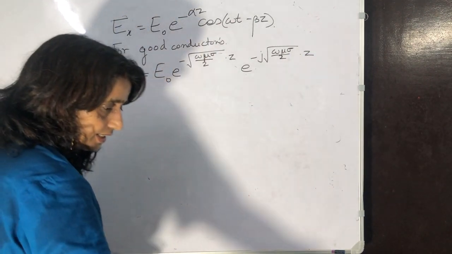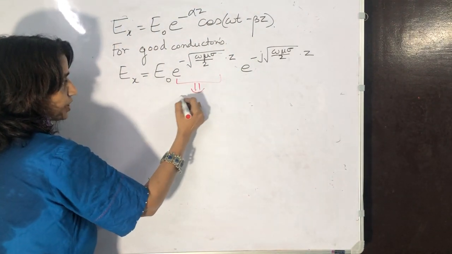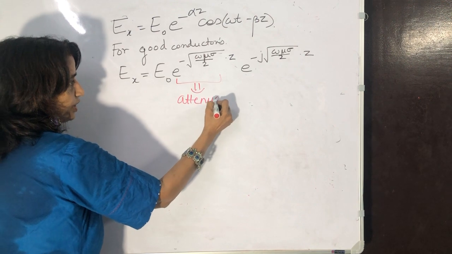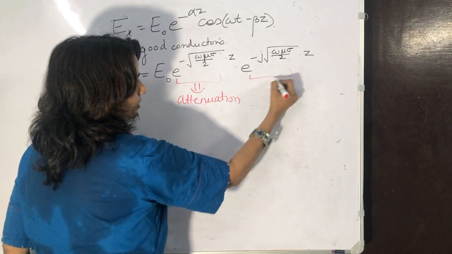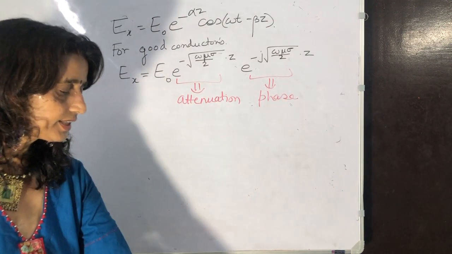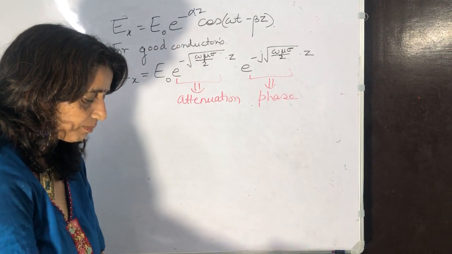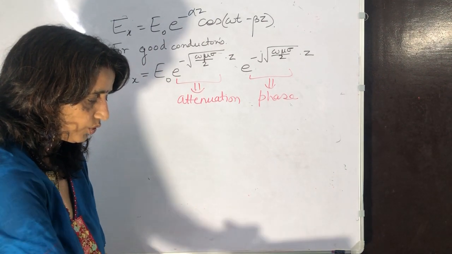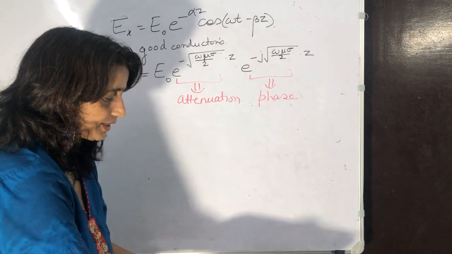Here this factor is your attenuation factor, and this factor is your phase factor, and you should be memorizing them right now. Their detailed derivations we will be doing later.